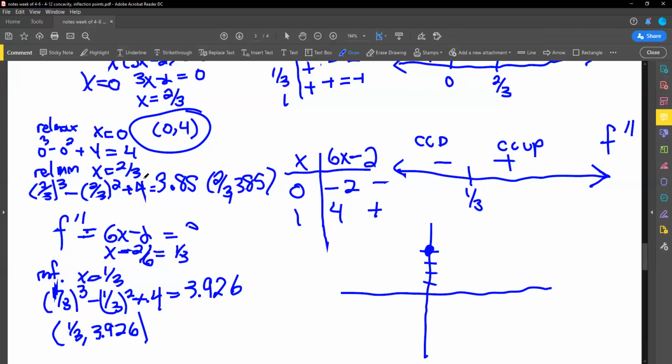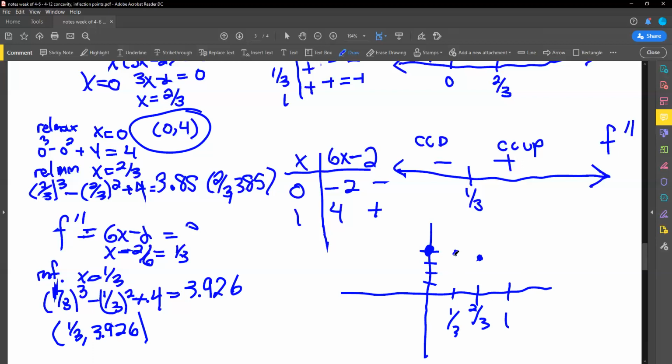And there's a relative minimum at 2/3, 3.85. I'm going to give myself a little bit of space. That's kind of pretty close to the other guy, right? Yeah. We'll call this 2/3. Call this 1/3. Call this 1. We'll make this a really kind of stretched out scale. So anyways, I know I have an inflection point at (1/3, 3.9).